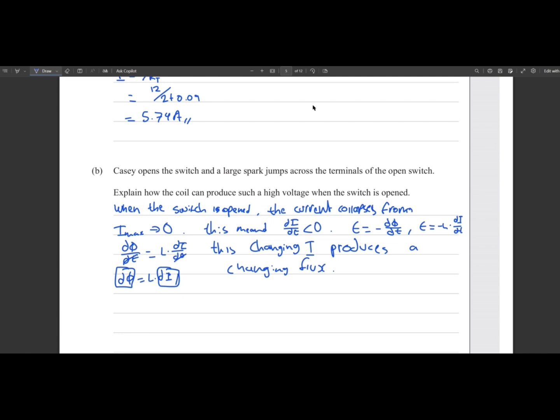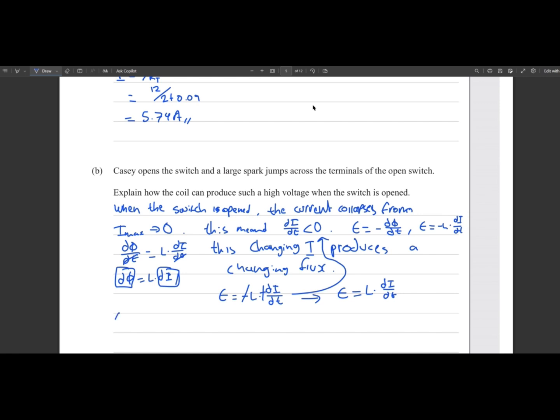Basically, if we go back to the equation, EMF equals negative L times di by dt, and note that di by dt is less than 0, so the two negatives will cancel out, and this will just become a positive EMF, which is L times di by dt, and because the whole purpose of the negative is for direction, right?